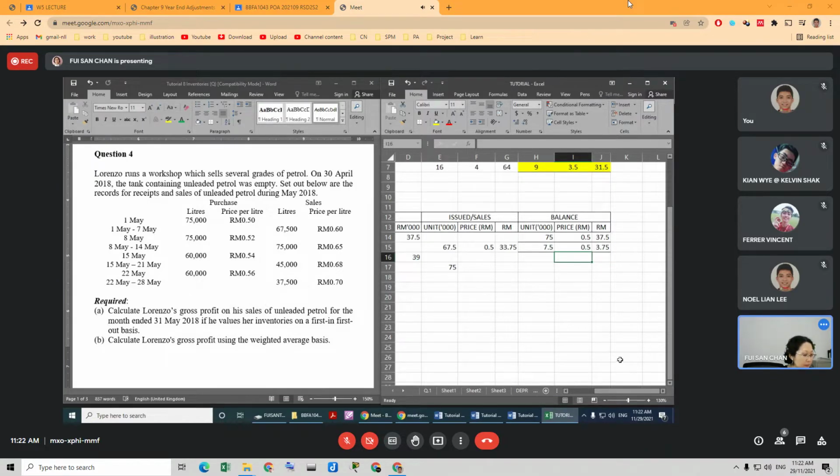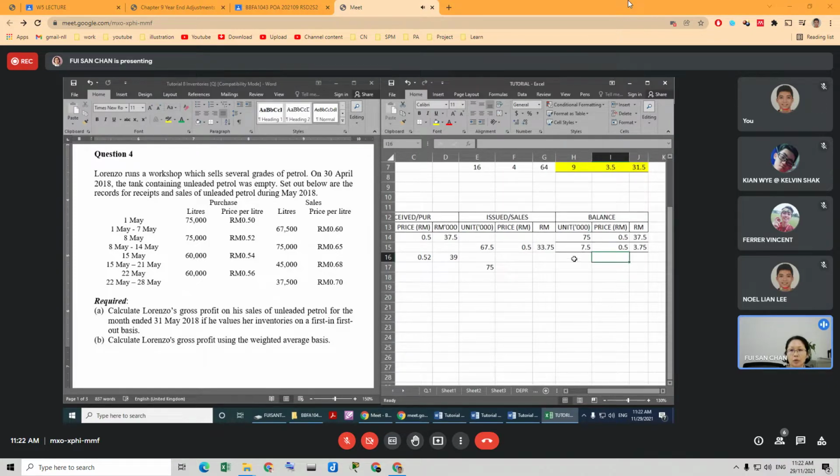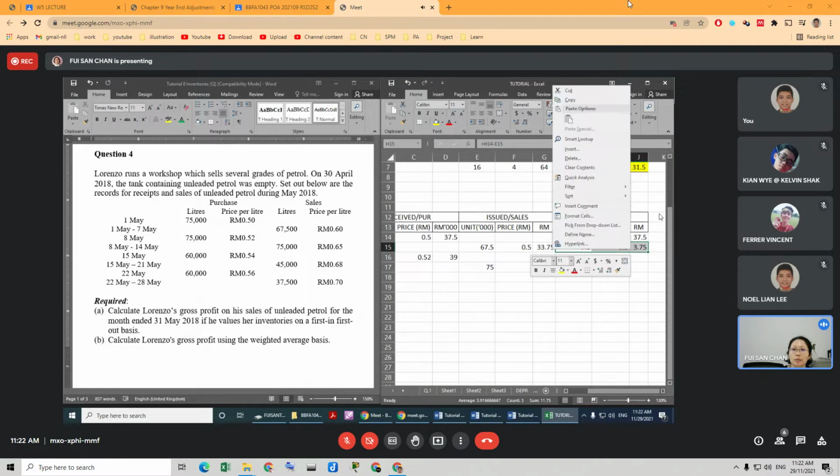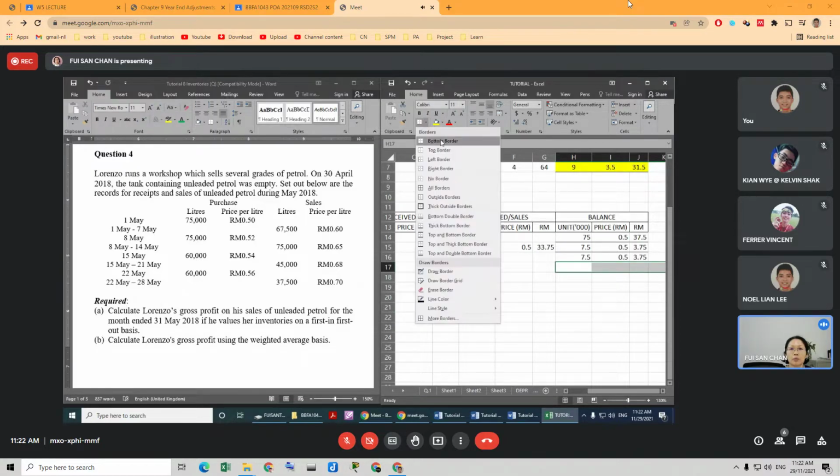Then because the price is different now, in the second week our purchase price is 52 cents, so we don't confuse it. Because I want to know my first week I still have this remaining, and then in week 2 I actually buy a new one.